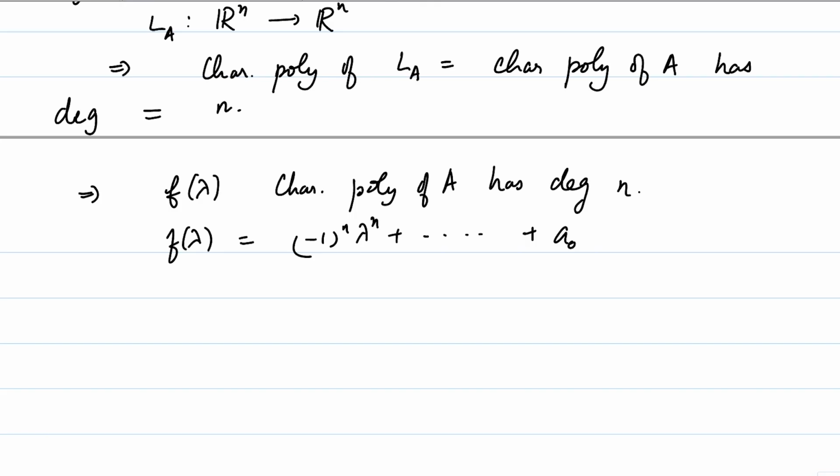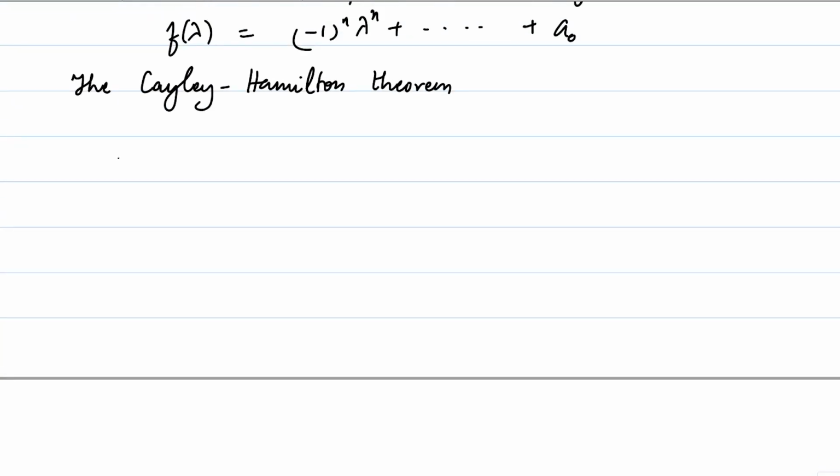Anyway, we are not interested in that, but by the Cayley-Hamilton theorem, the matrix A satisfies this polynomial. We have shown a version of the Cayley-Hamilton theorem for linear operators, but it's going to imply the same: f of LA is identically equal to the zero vector.